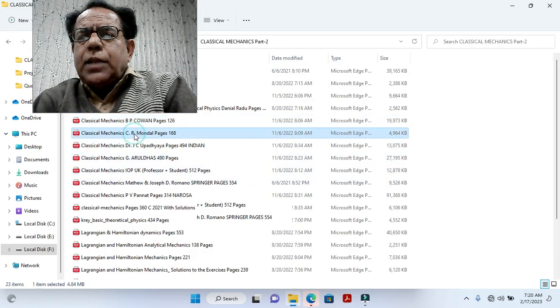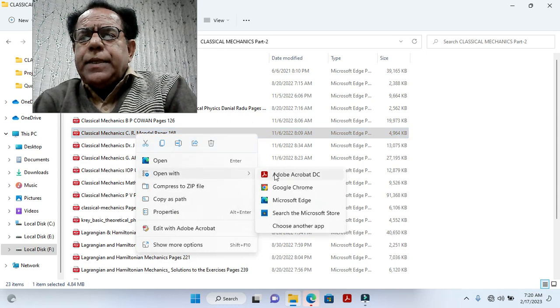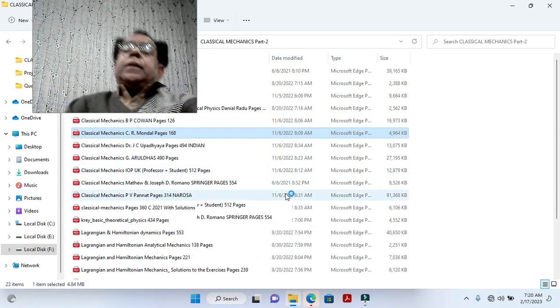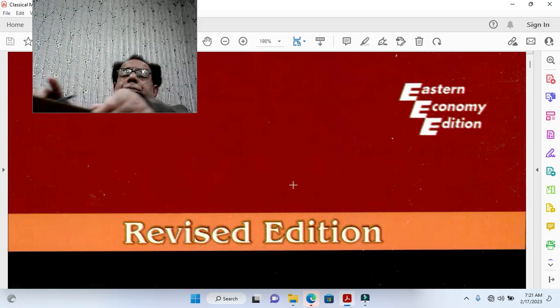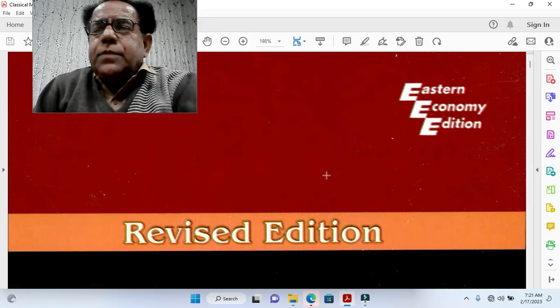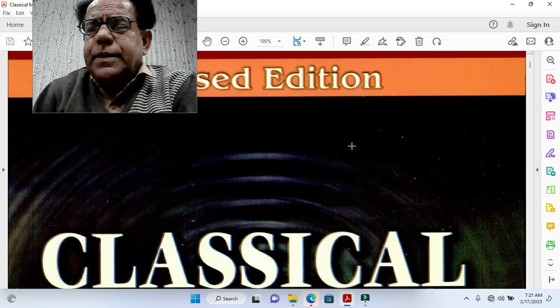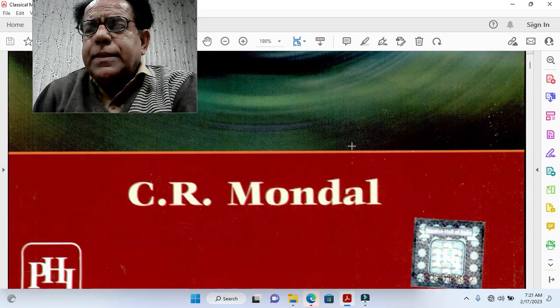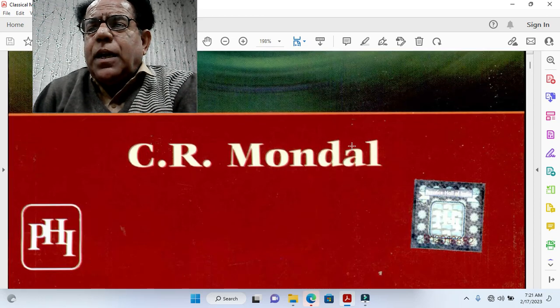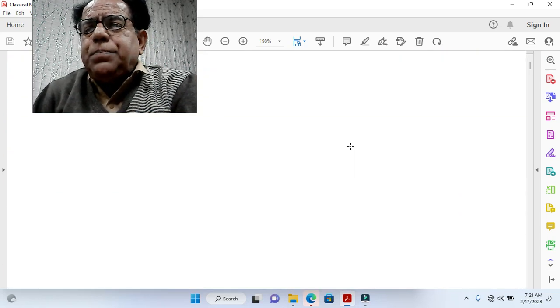The next book is also of fewer pages, but despite that, we will see what it is. Eastern Economy edition, revised edition, Classical Mechanics, C.R. Mondal, PHI publisher.